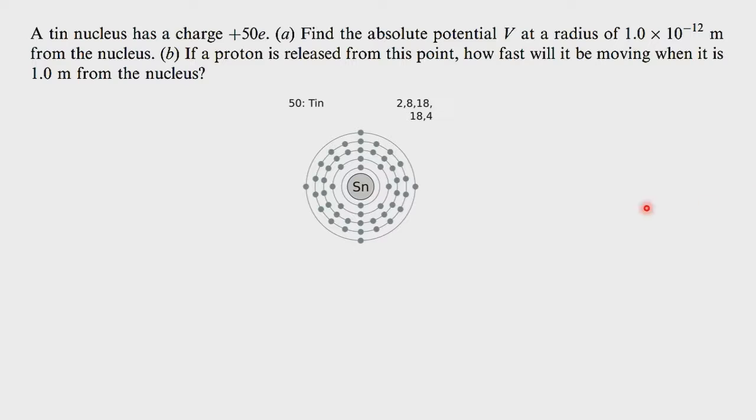Okay, so for our first problem, letter A, find the potential value, which is V, if the radius is 1 times 10 to the minus 12 meters.